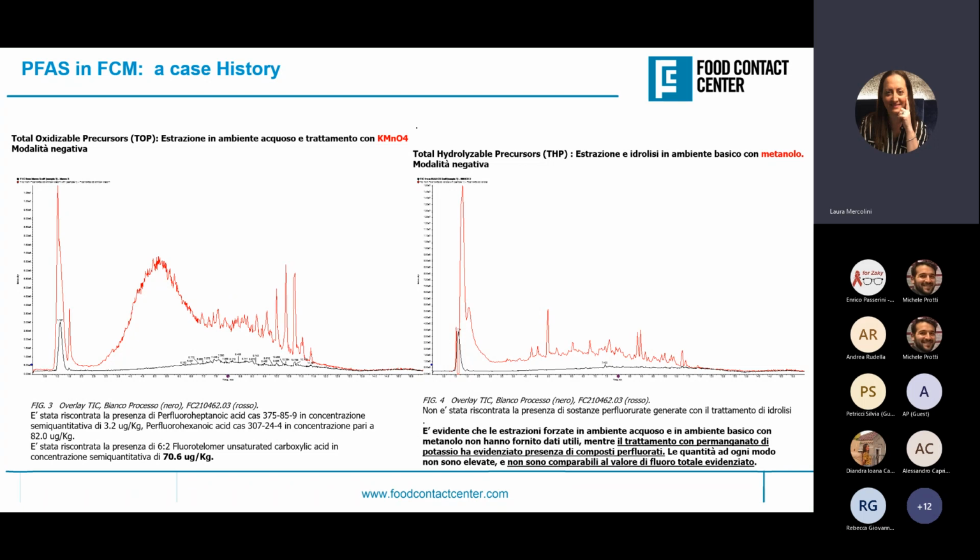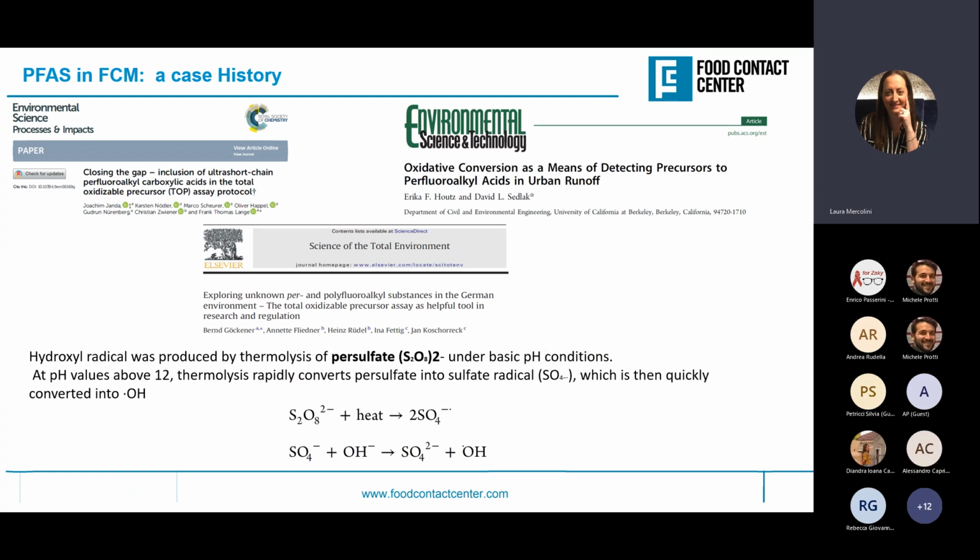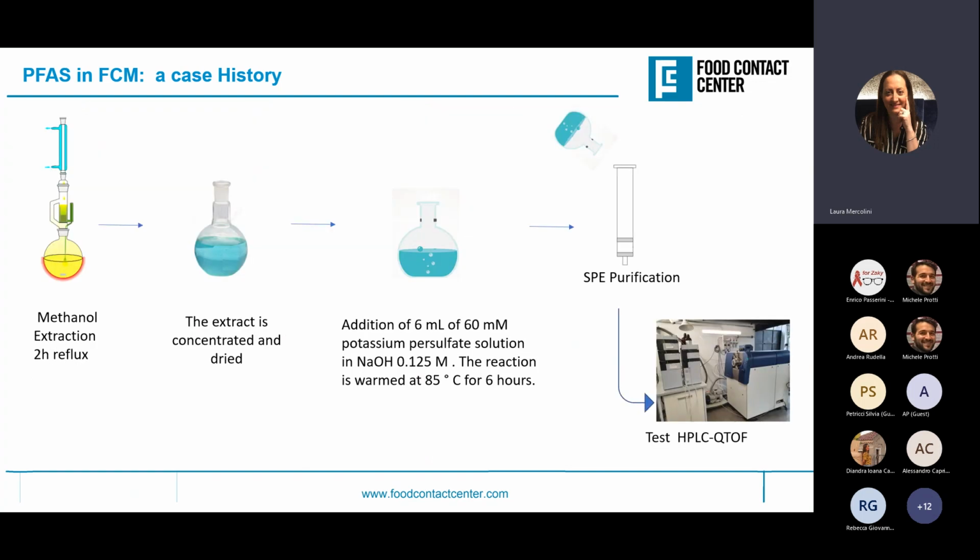No better results treating with the methanol, but some results using the permanganate treatment. We also studied other papers, and we tried to test the item using another oxidant, the persulfate, and this is the final method that was performed in the lab.